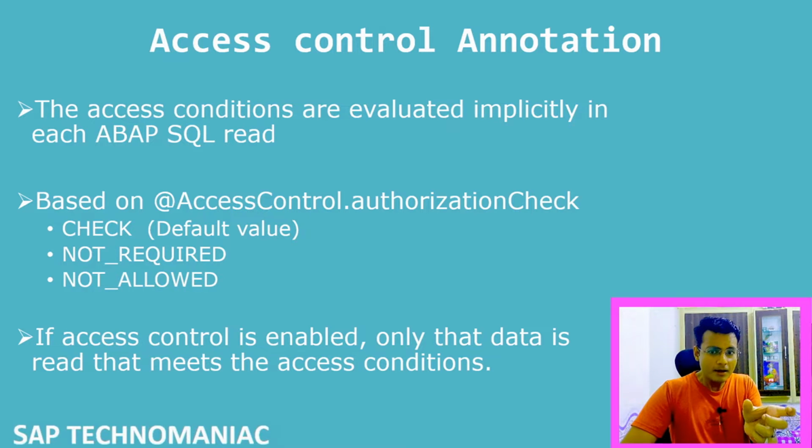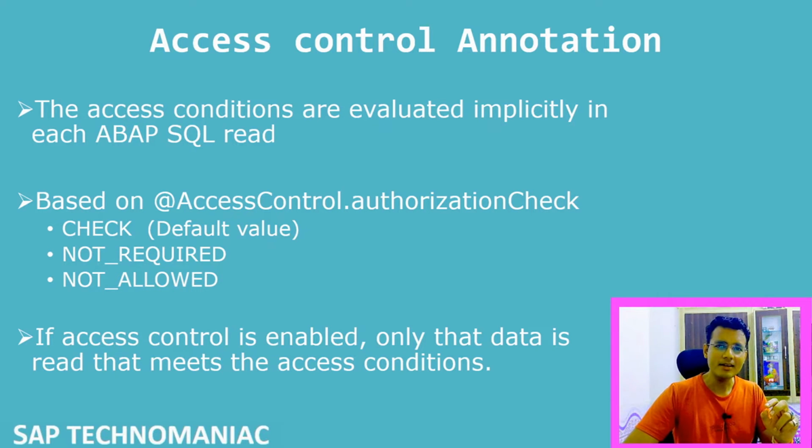So what will be the impact of these three values? Check means that whenever you call this particular CDS view, whatever DCL you have defined for it will be evaluated each time. And this is the default value as well.